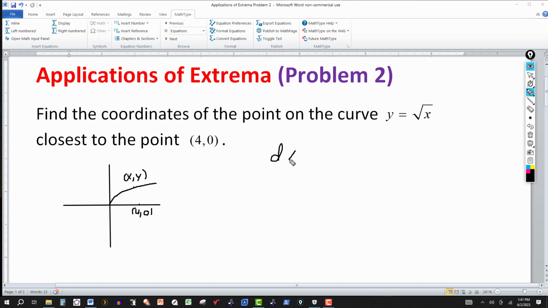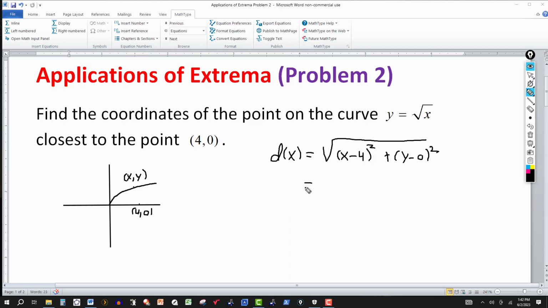So I'm going to go ahead and label this distance function as d of x is equal to the square root. Find the distance formula, it's x minus 4 under the radical, the difference in the x coordinates squared, plus the difference in the y coordinates squared, so it'll be y minus 0 quantity squared.